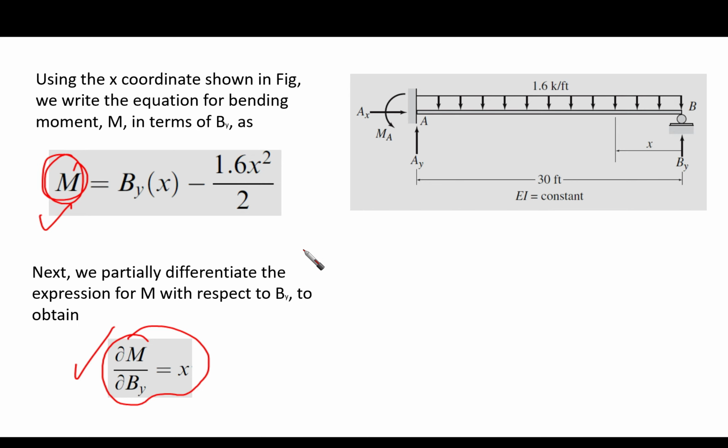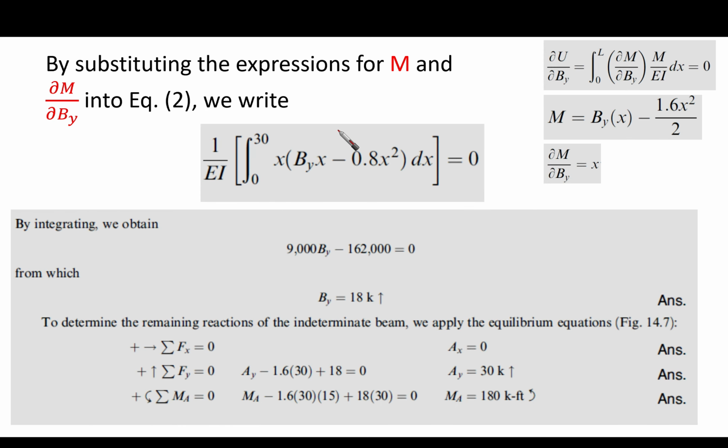Okay. Now let's go and substitute in our equation. So by substituting the expression of M and partial M partial by into equation 2. Do you remember equation 2? This is equation 2 here. So we have this term and we have the M here. So M equals byx minus this blah blah blah, and partial M partial by equals x, as we said before.